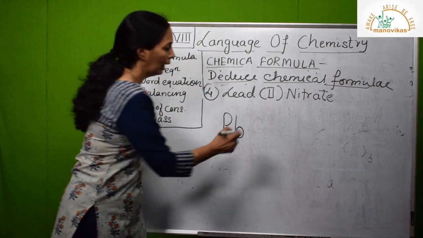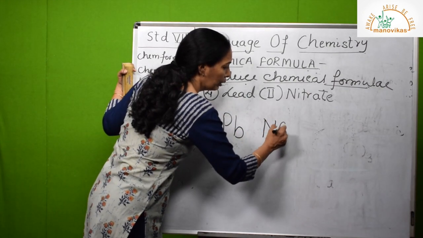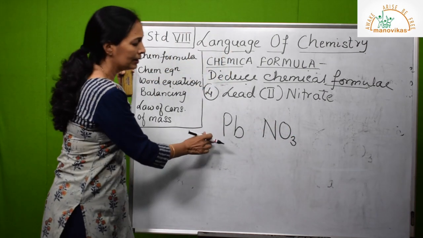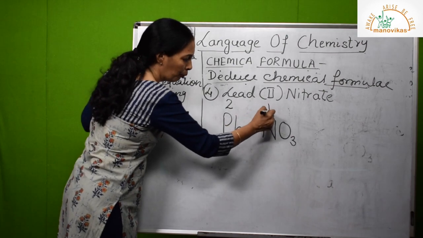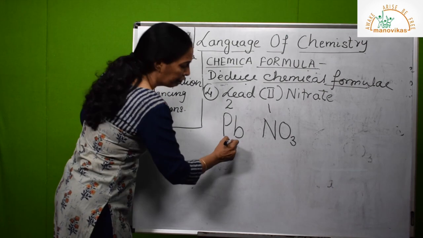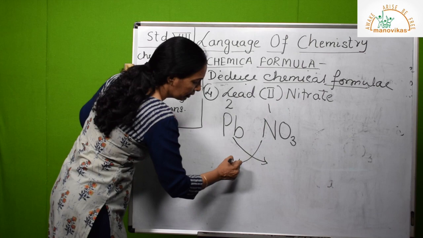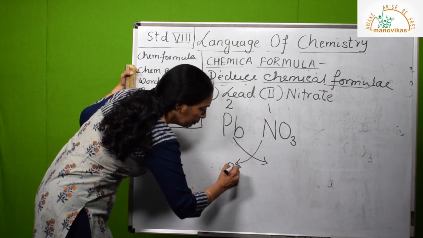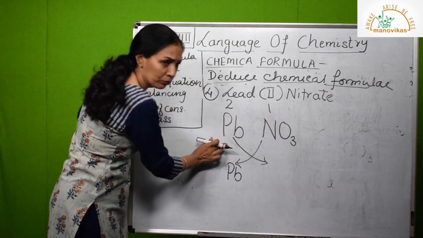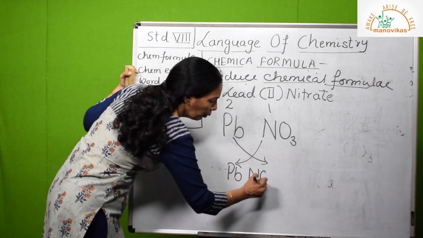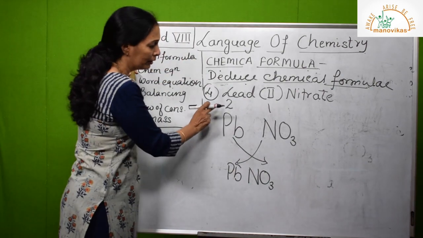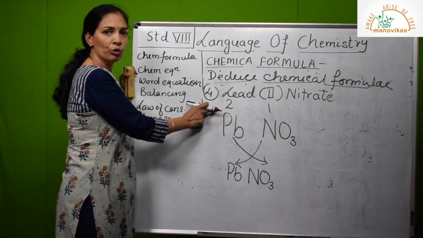This is lead and this is nitrate, NO3. Valency of lead is 2, already given there, and nitrate is 1. We cannot reduce them further, so interchange them. So what will happen? This will be Pb. This 1 will come to this, so we are not writing it. This is NO3. Now this NO3 will get subscript 2.